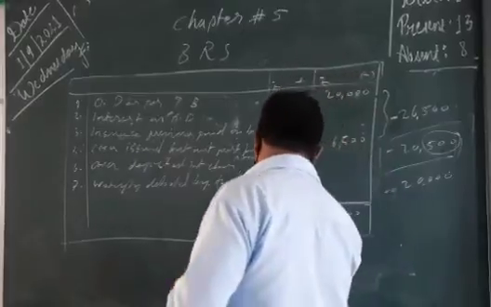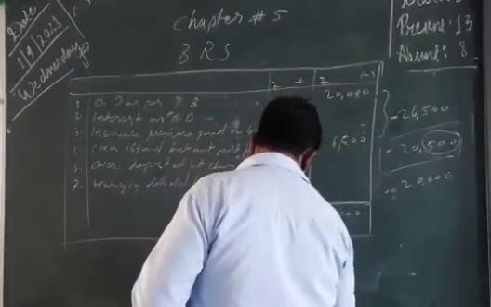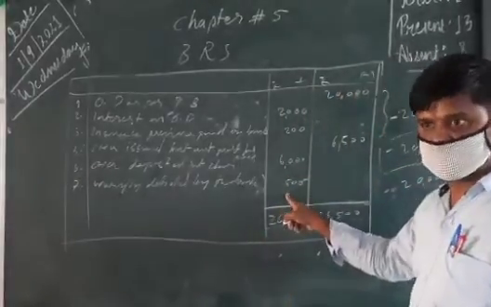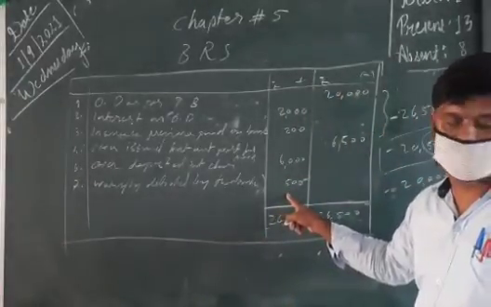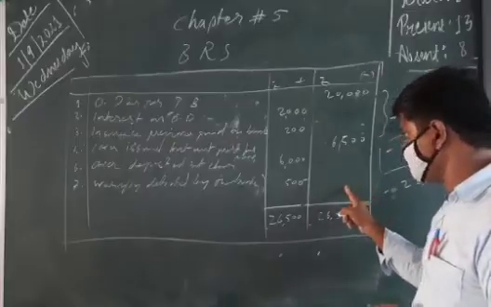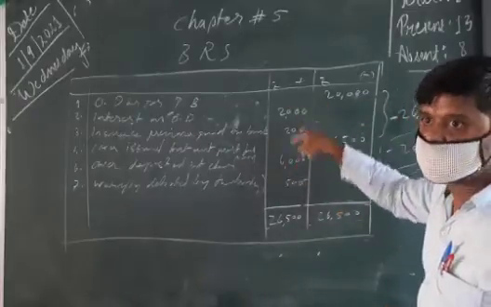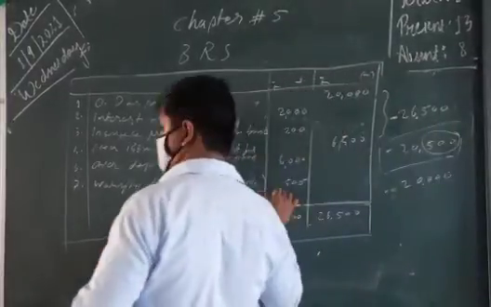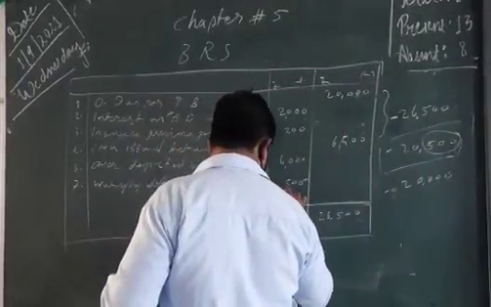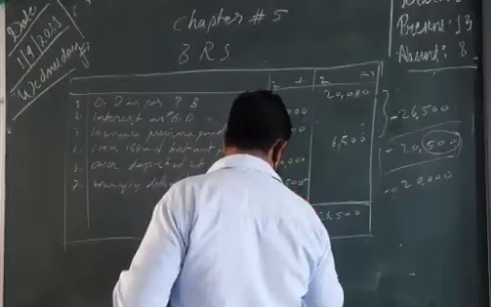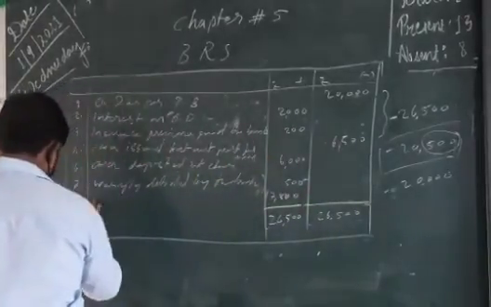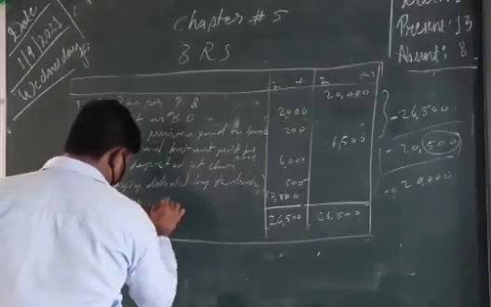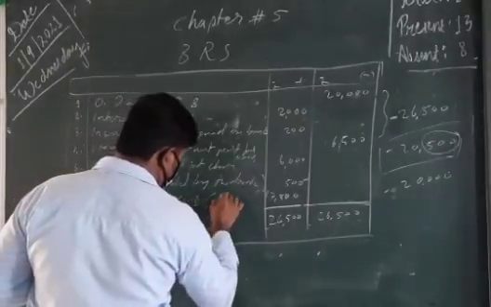So here also we write the same 26,500. The balance is considered an overdraft or unfavorable balance. So here how much is that? 20,800. That is balance as per cash book, and overdraft.